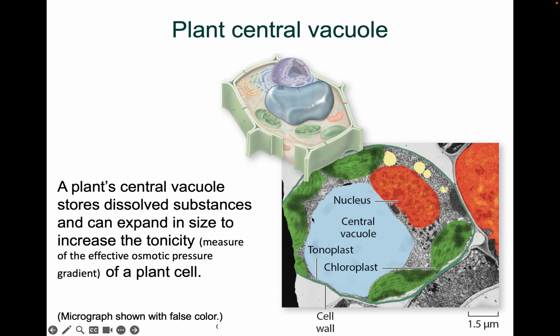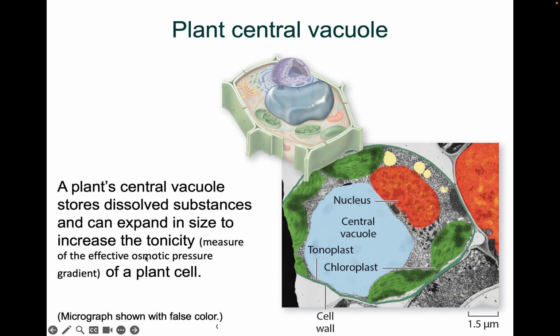tonoplasts. This is what the vacuole is bounded by, and the tonoplast has a lot of water channels. These are channels that let water go out and in, and that's how the vacuole can get bigger and smaller.